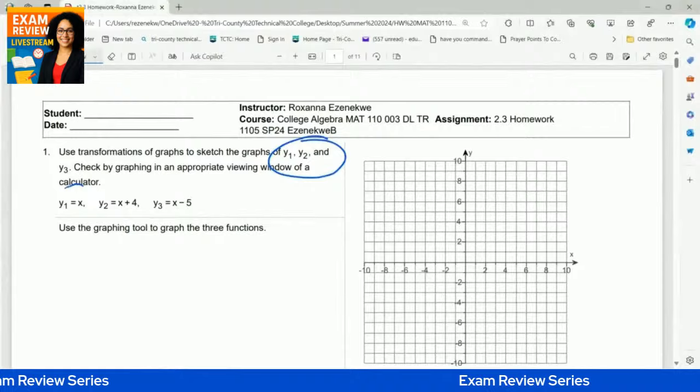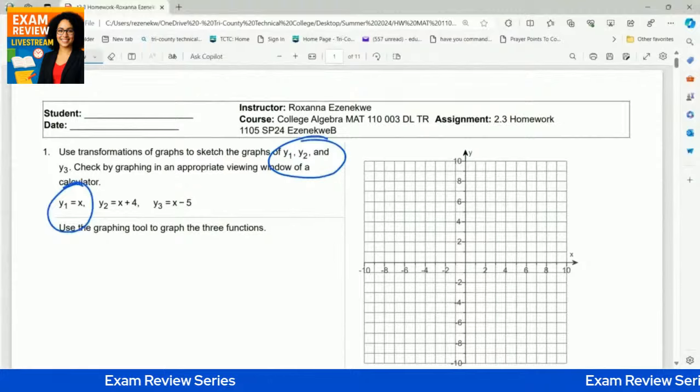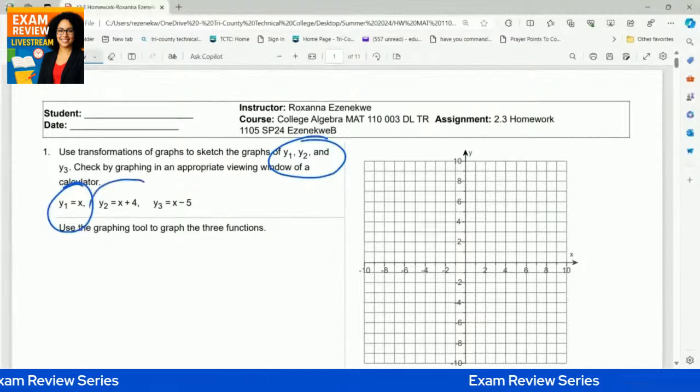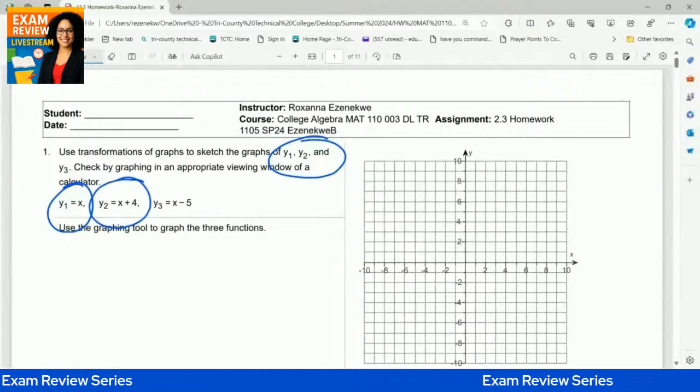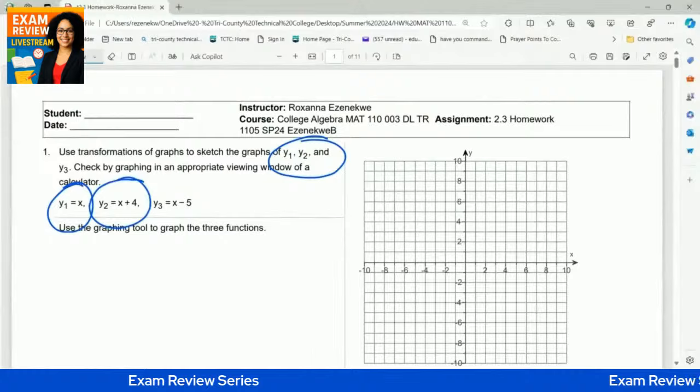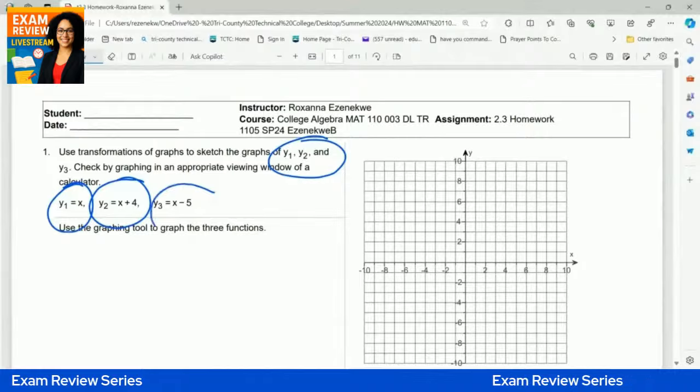This is the parent function. Y1 is the parent function, and Y2 is a vertical shift. Notice that there is a shift upwards, so it's a vertical translation. This one is also a vertical translation, 5 points down.